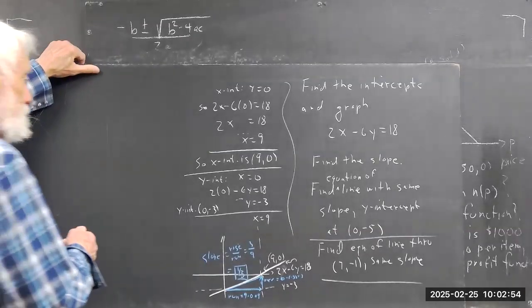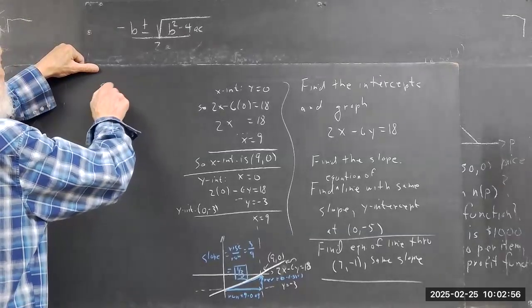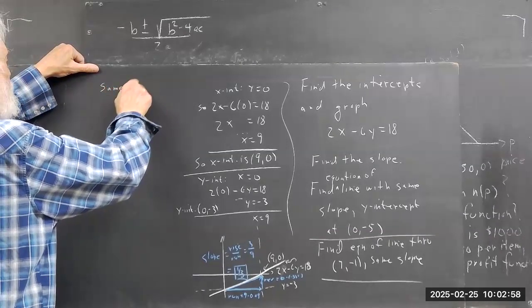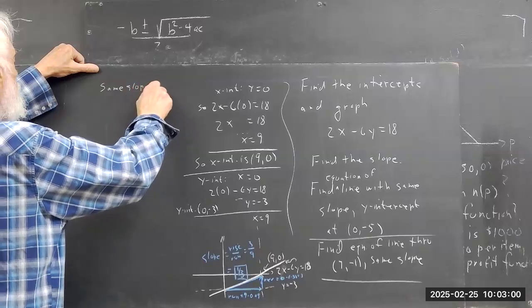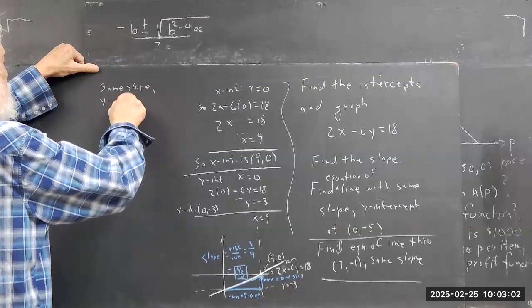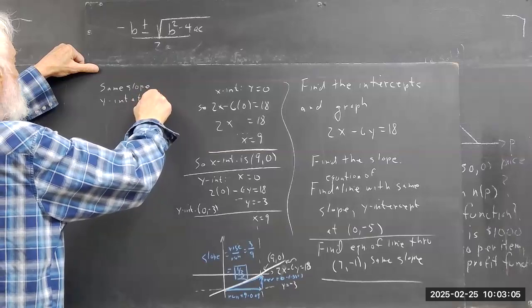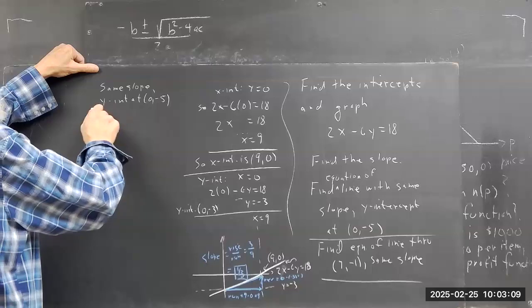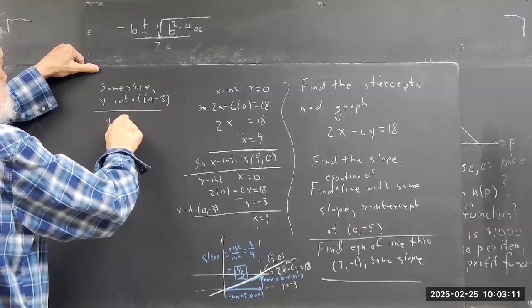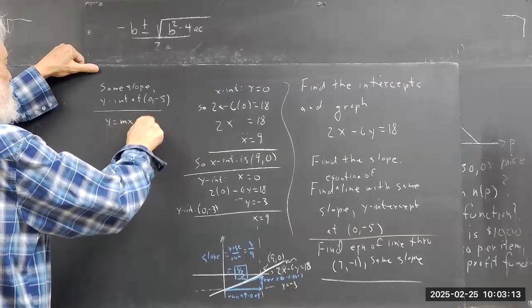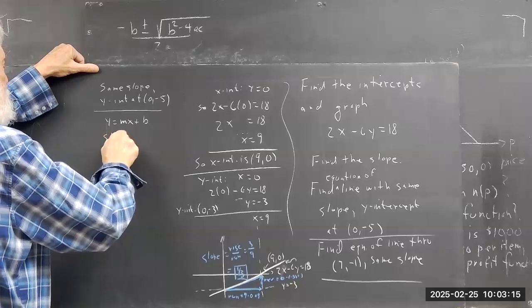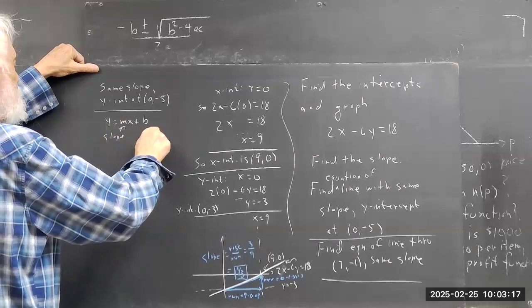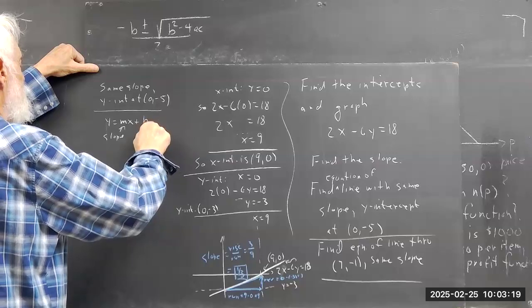So now, same slope, y-intercept (0, -5). Well, y equals mx plus b, where m is your slope and b is the y-intercept.